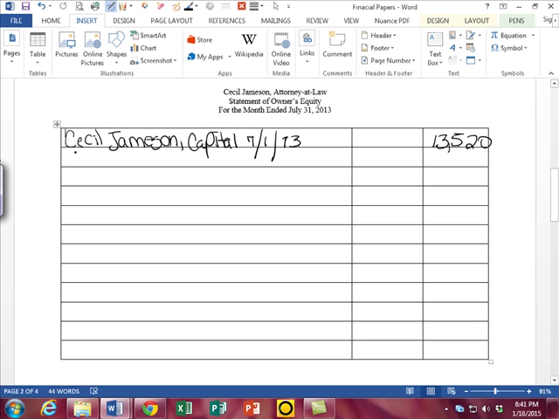The next thing we're going to do is add in any additional investment. And for this particular month, Cecil Jameson actually added in an investment for $3,700. So we're going to enter this into this financial statement. So we're going to write additional investment. And we're going to write it right here, $3,700. Okay.